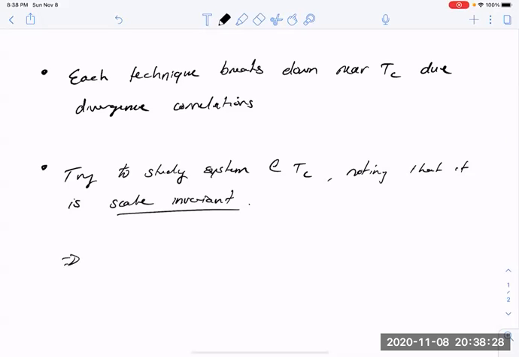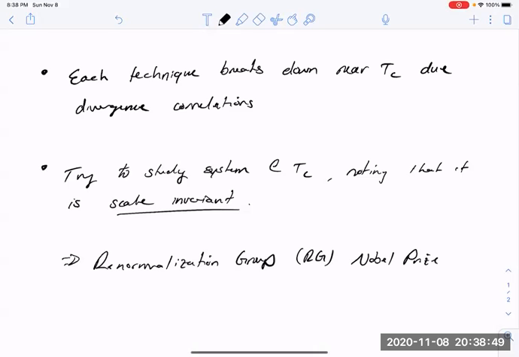That realization has then led us to what is the focus of today's lecture, the renormalization group, or what the cool kids call RG. It was the subject of the Nobel Prize for Wilson in 1982.